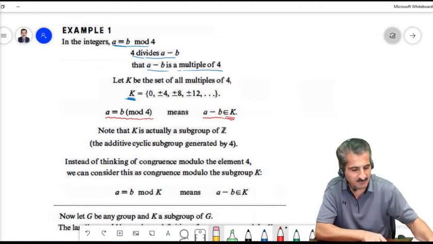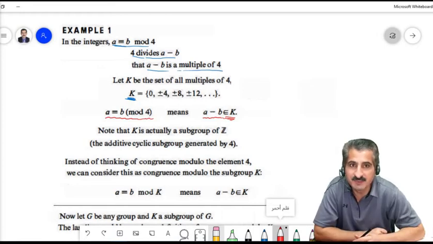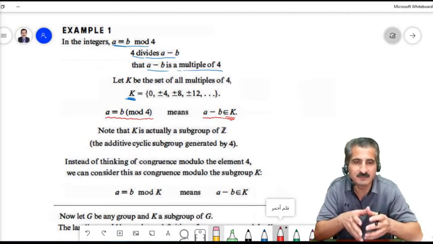So this is the idea, this is the generalization. We will say two elements in a group are congruent if their difference lives in K. What is K? It will be some subgroup.